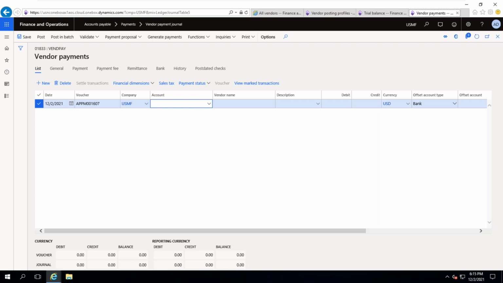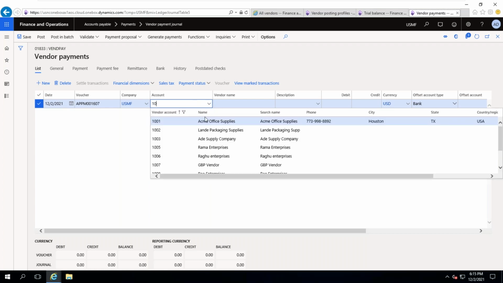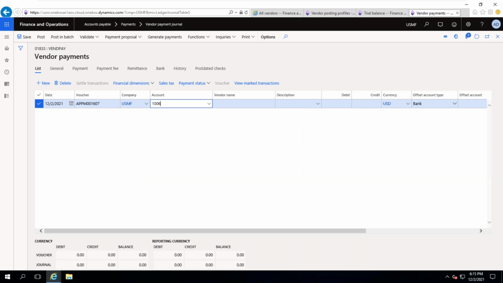Suppose I'm selecting the vendor account. Let me select one vendor account, 100. Take the example Raghu Enterprises 1006. If it is a vendor payment, our bank balance will be decreased.